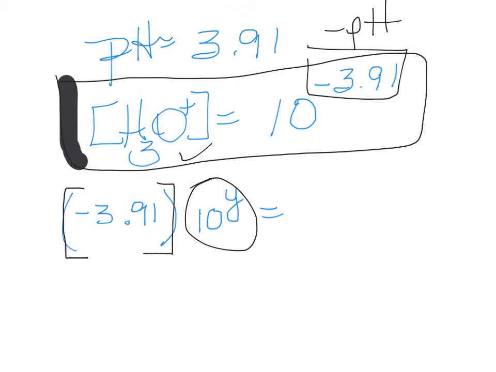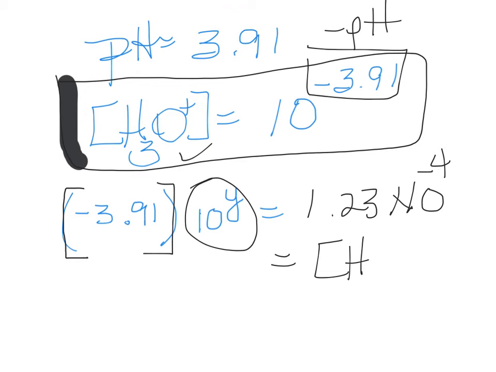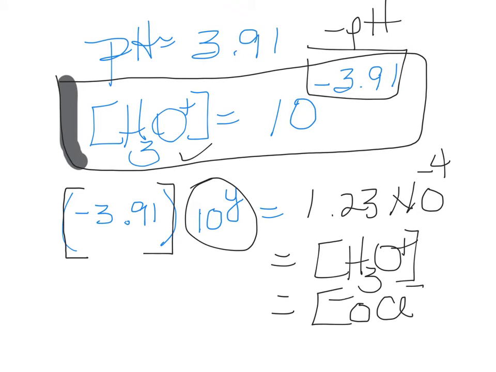What I get then is 1.23 times 10 to the minus 4. And that is the concentration of hydronium ion. Because of the stoichiometry, it's also the concentration of the conjugate base, which is OCl minus.